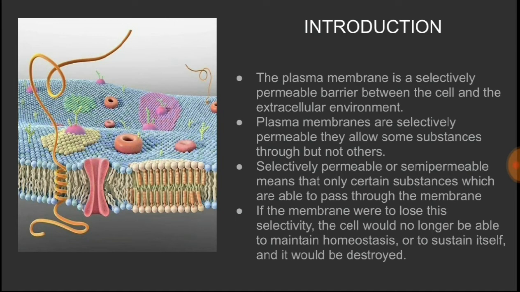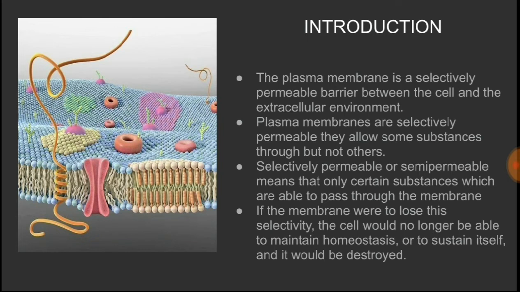By adjusting to the surrounding environment so that it can survive to its best. That is called homeostasis. So if the membrane loses its selectivity, then it will not be able to survive in that environment. It shouldn't take up all the possible things around it. It has to use selected products which are helpful for the cell to survive and sustain itself. So that is called selectively permeable.